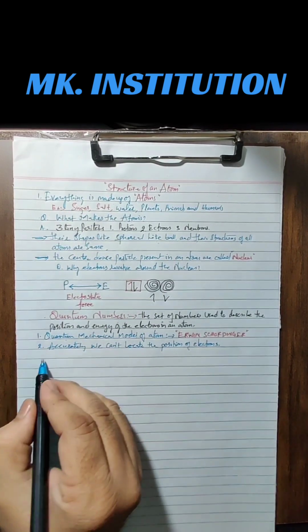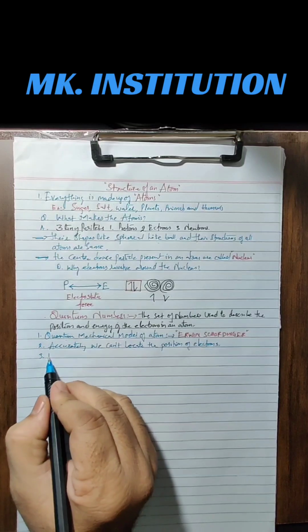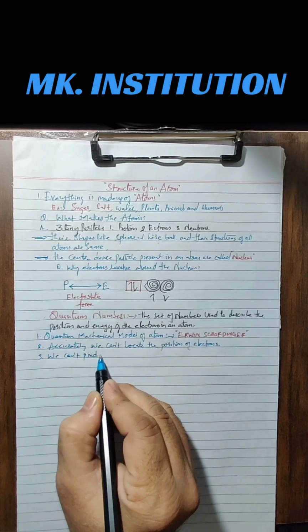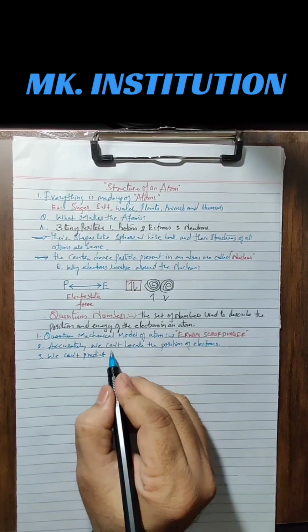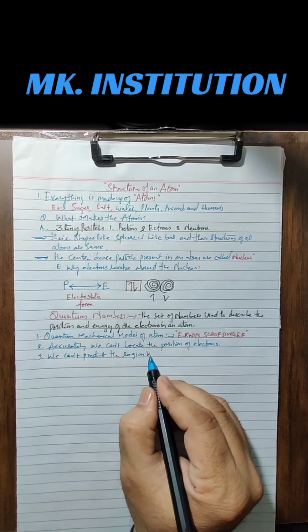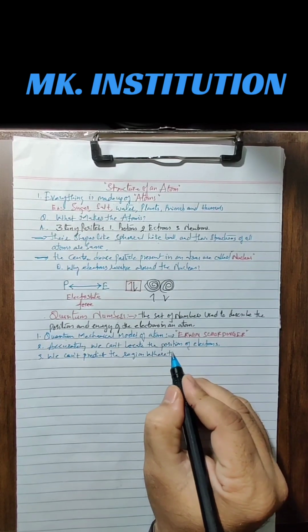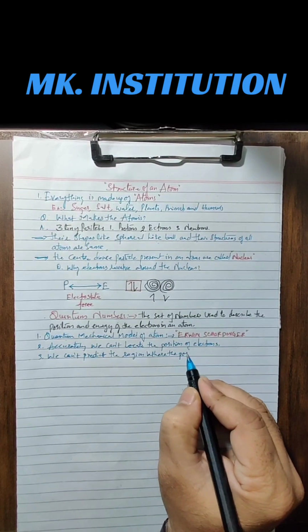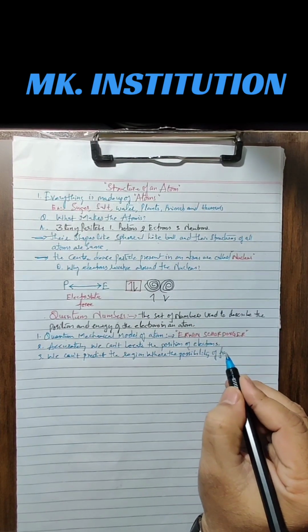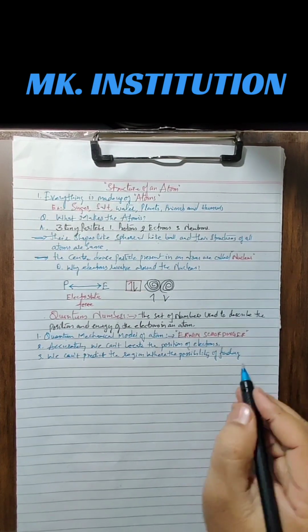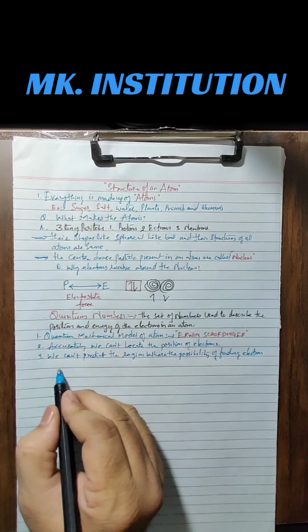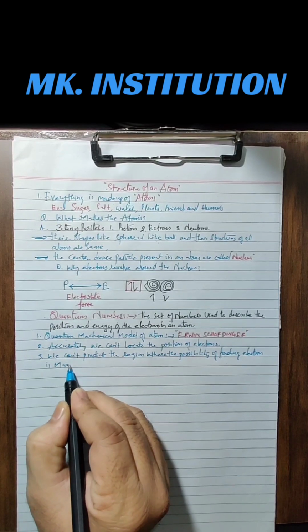And next he told that we can't predict the region where the possibility of finding the electron is maximum.